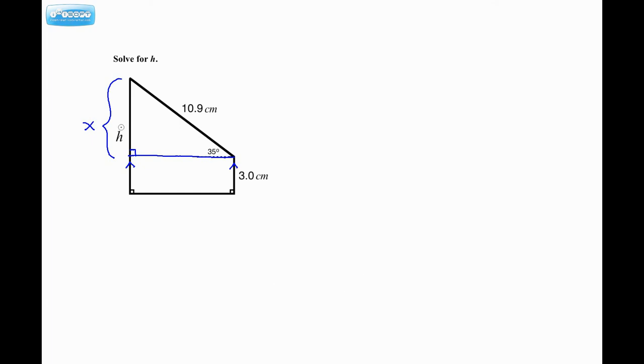This is opposite, hypotenuse, I need sine. So the sine of 35 degrees is opposite divided by the hypotenuse. So I just multiply both sides by 10.9. Those cancel.